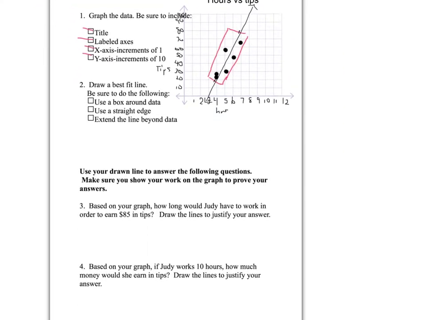It says, based on your graph, how long would it take Judy to have worked in order to earn $85 in tips? So you go to 85 and you draw your line all the way to the best fit line. Okay? And then you move down.